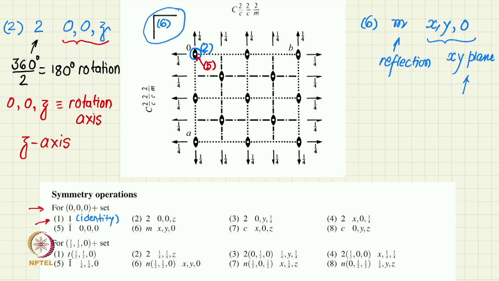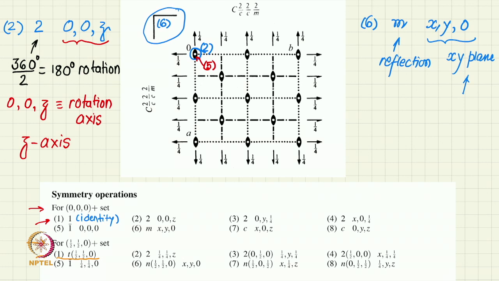An interesting thing to note here, when we come to the second block, the half, half, 0 set. So, the first operation now is t(1/2, 1/2, 0). t represents the translation, and as you know, this is a C centered lattice. So, there is a half, half, 0 translation available in this lattice or in this space group.